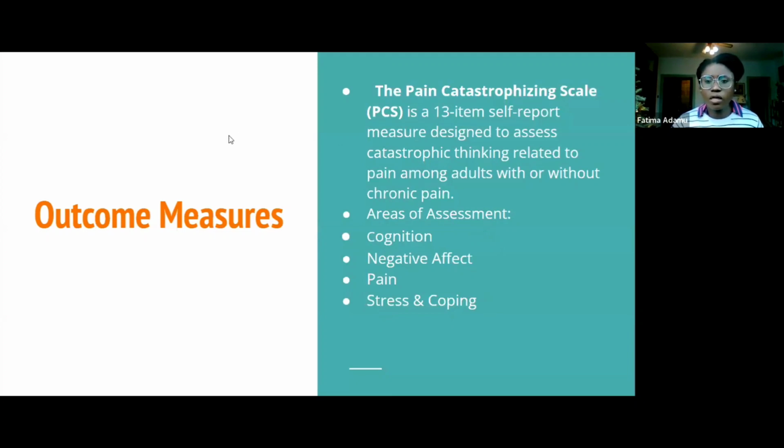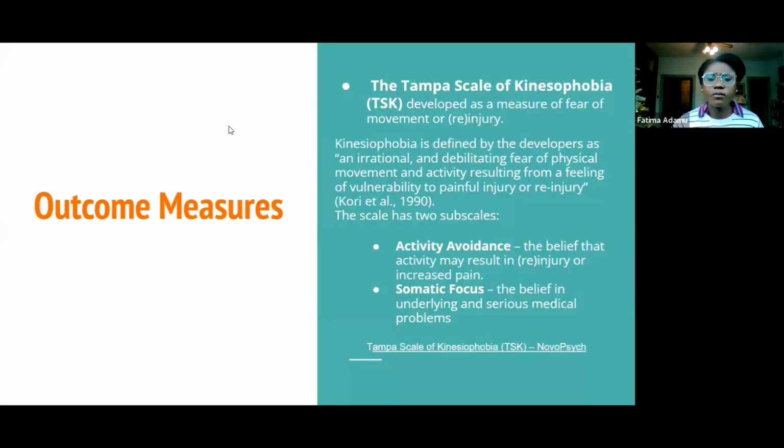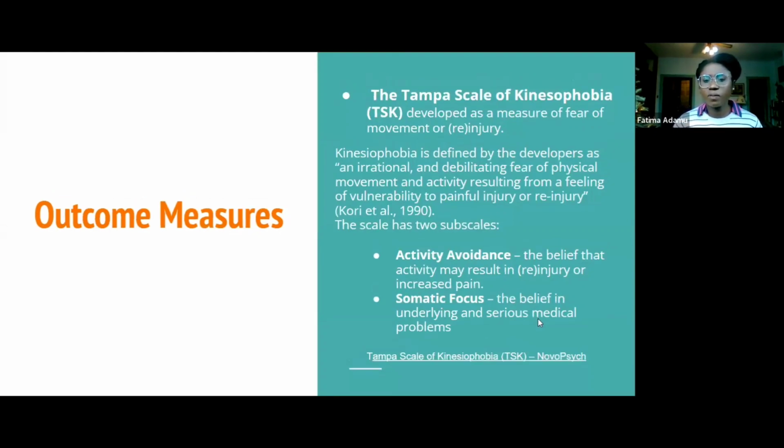Another one that my colleague mentioned was the Tampa Scale of Kinesiophobia, which I believe is used oftentimes with athletes, or people who engage in sports activities. But I thought that because it deals with fear, the outline of the outcome measure talks a lot about fear.